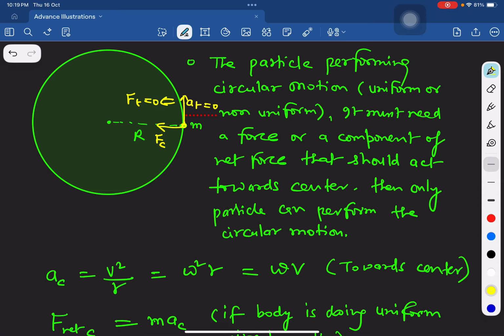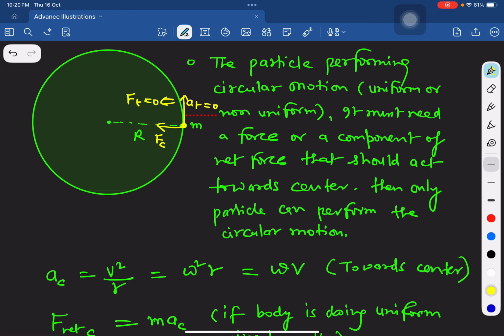If I break the force on this body, because the body is moving in a horizontal direction, it should not have a force in the vertical direction. So the net force in the y direction should be 0.